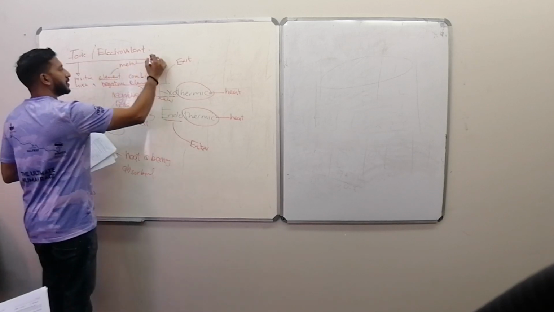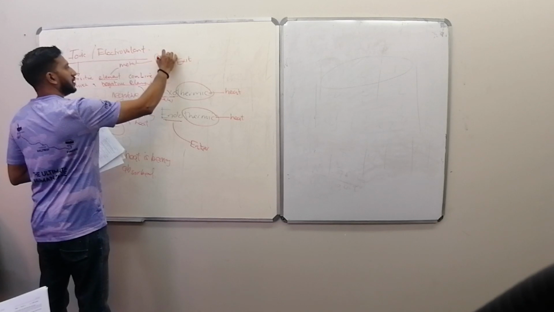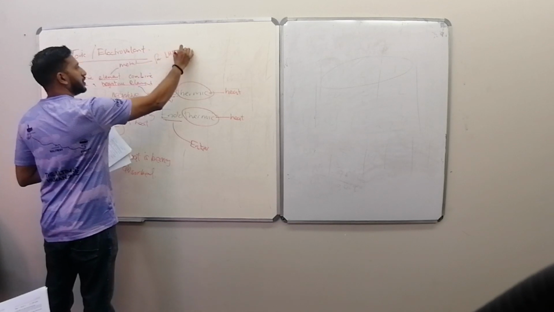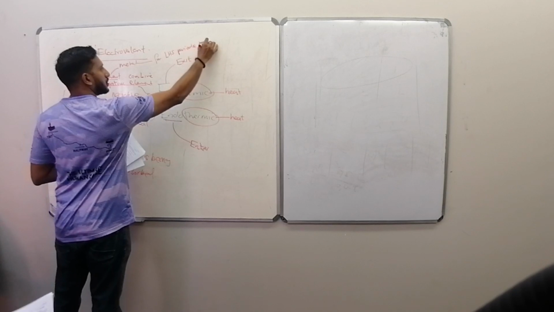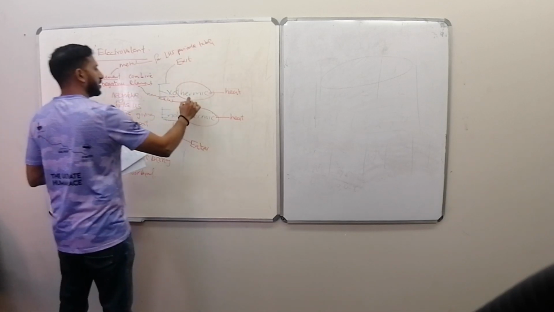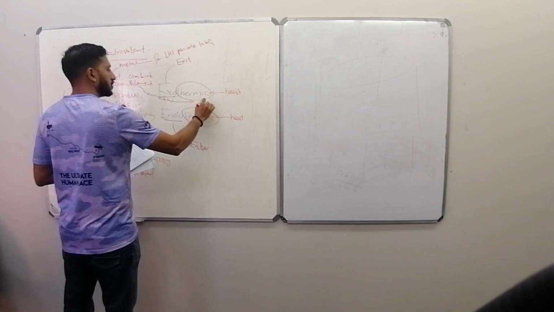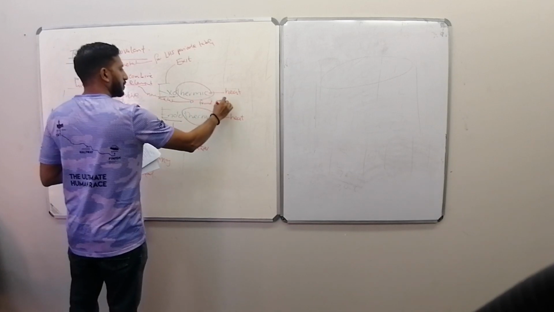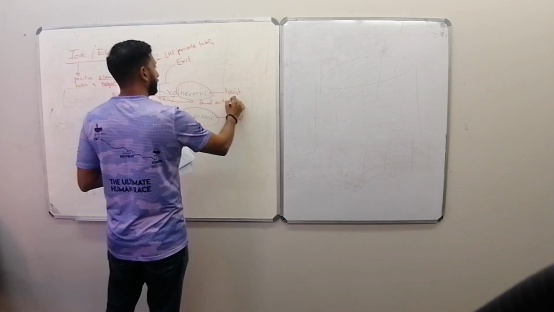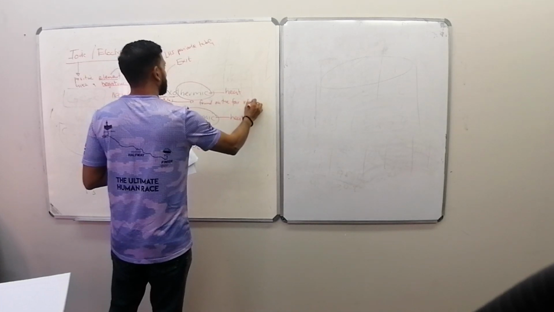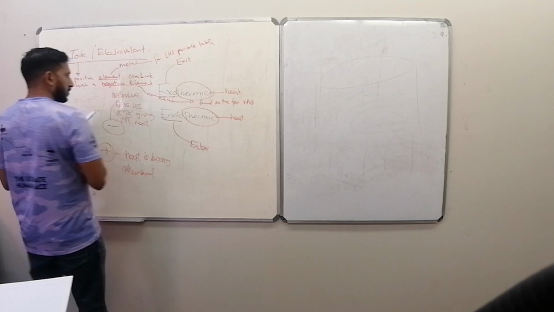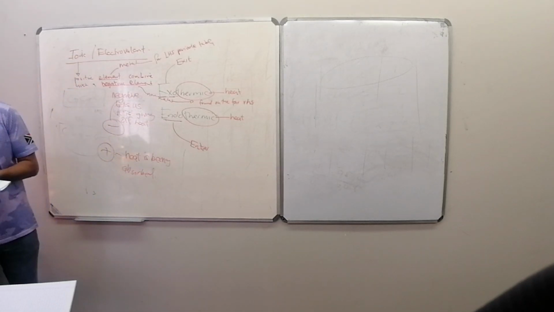The metals are found on the far left-hand side of the periodic table, while the non-metals are found on the far right-hand side. Right?